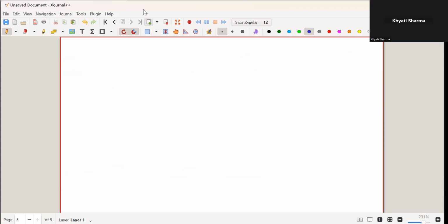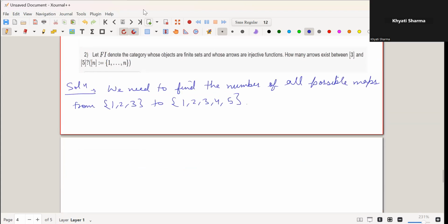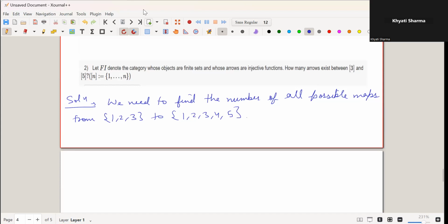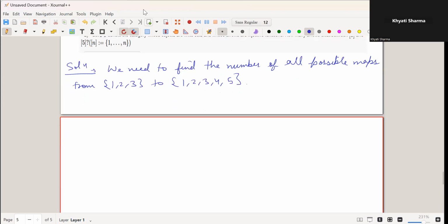And for each number, how many choices are there?